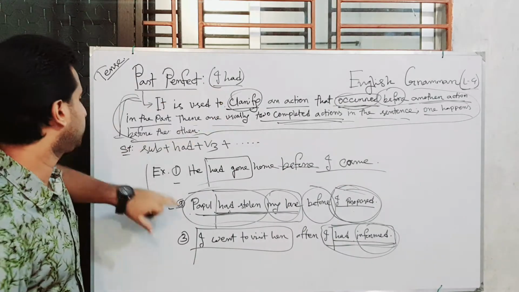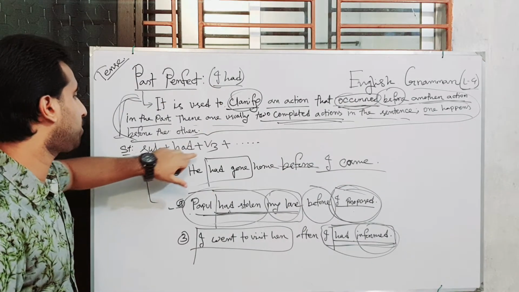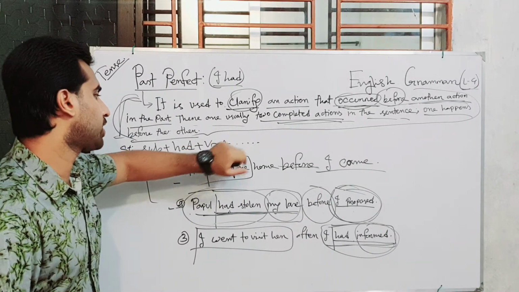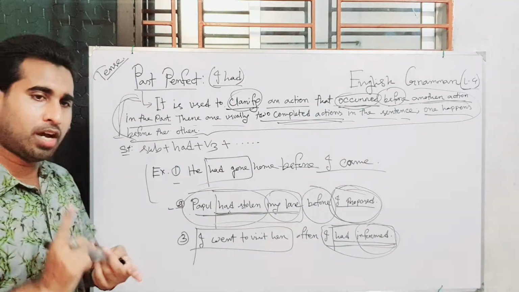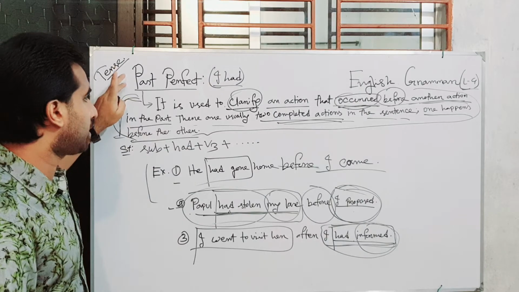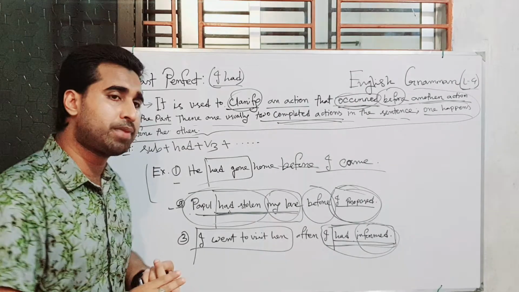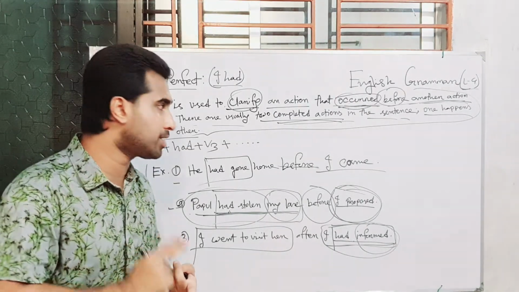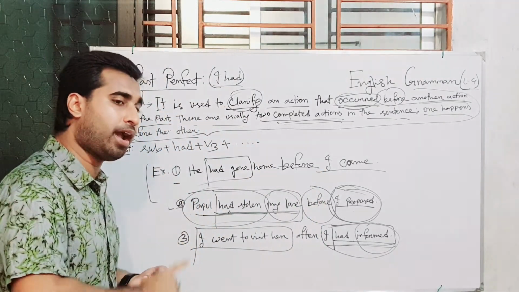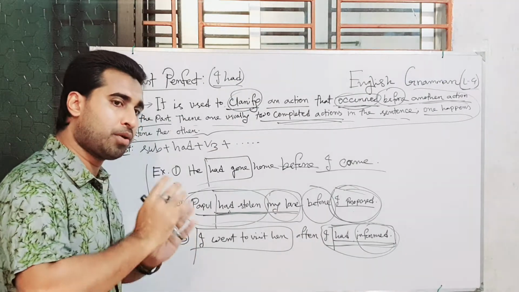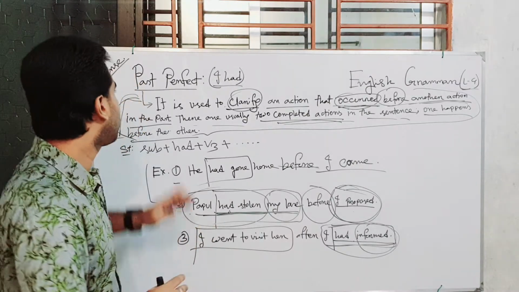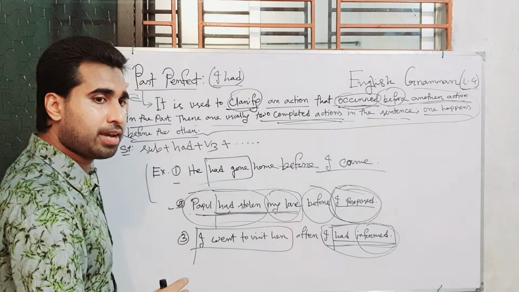Subject plus had plus V3, past participle form of the verb, plus etc. You have to remember this. In a past perfect tense there must be two completed actions. One happens before the other. And the one which comes first, or occurs first, that is the past perfect tense.